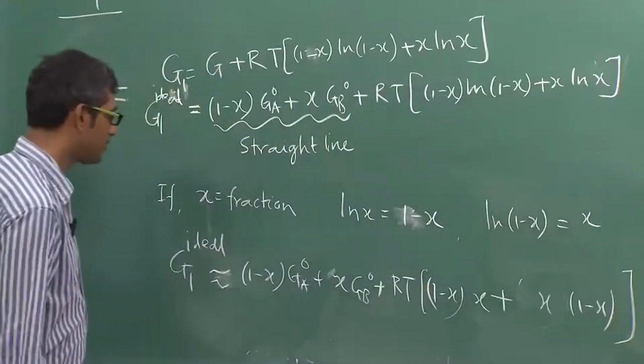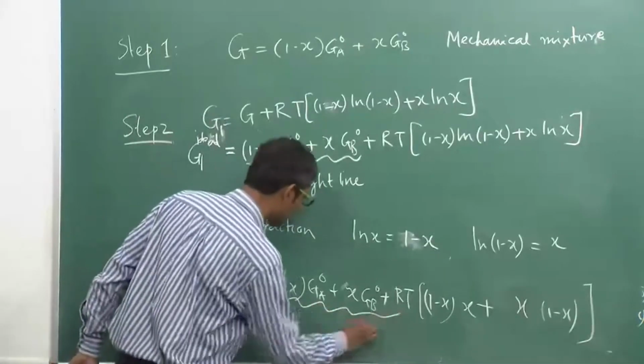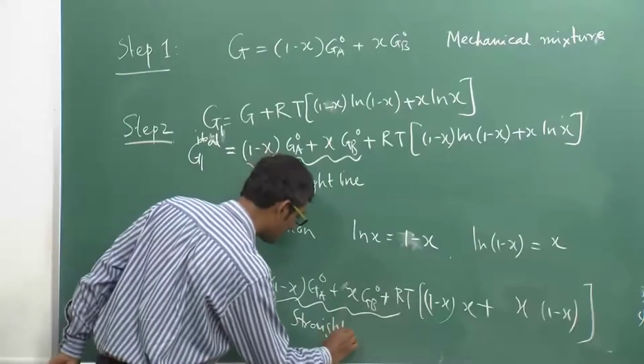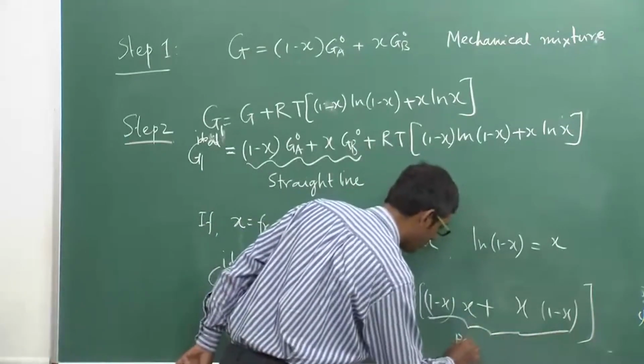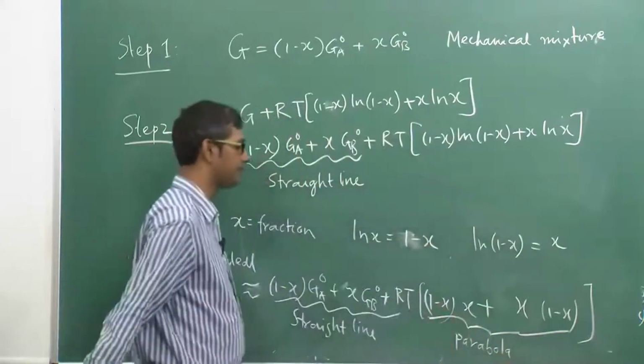So, it is very clearly a straight line equation that I have written already, and this is an equation of a parabola, because we have an x squared term, correct.